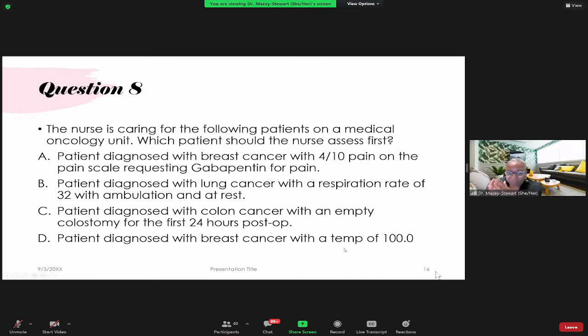Okay, 8. Caring for a patient in a medical oncology unit. Who do you see first? Miss Stephanie.